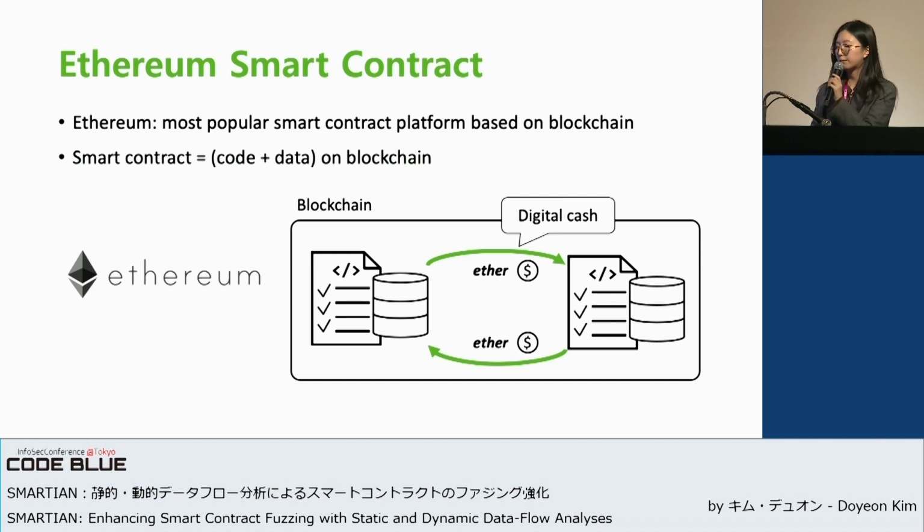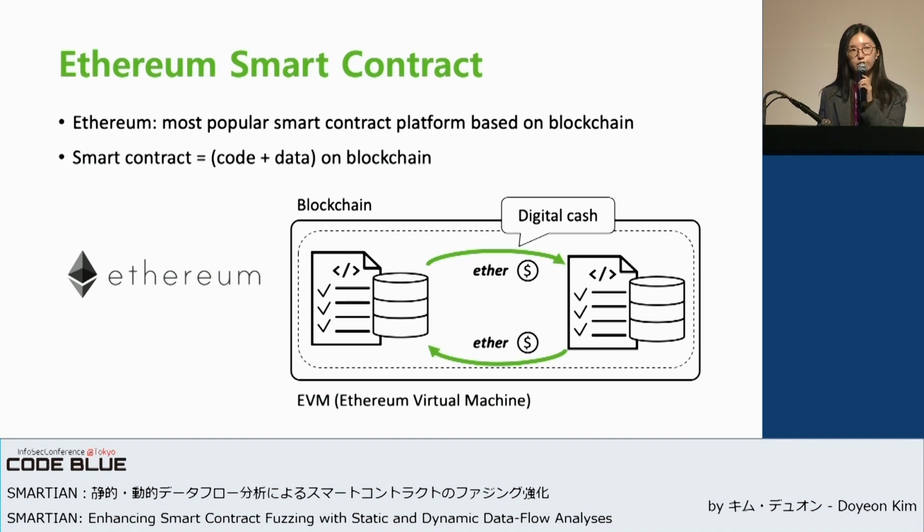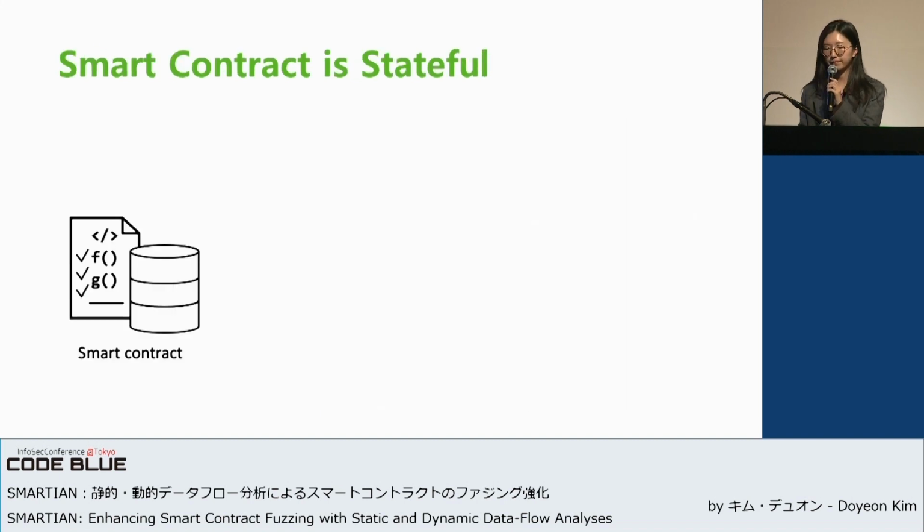One of the important operations is related to digital cash called Ether. For example, a contract may transfer Ether to another contract on the blockchain. And a smart contract is executed on the EVM, which stands for Ethereum Virtual Machine.